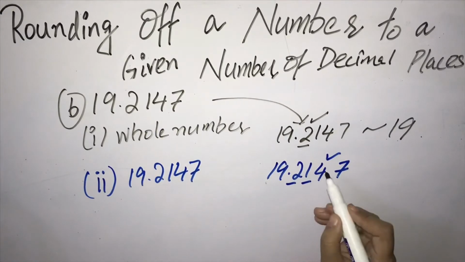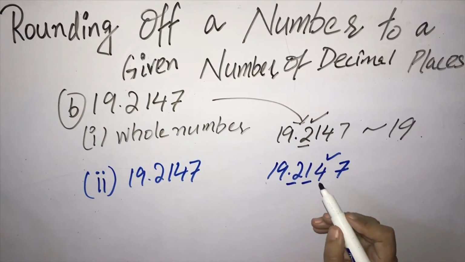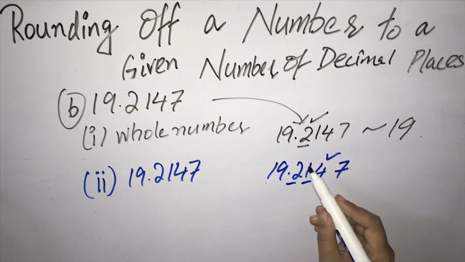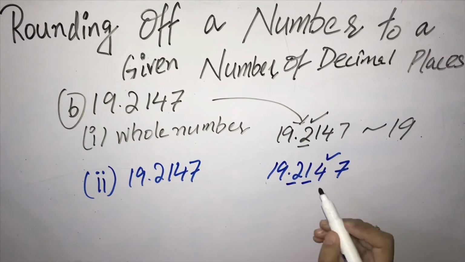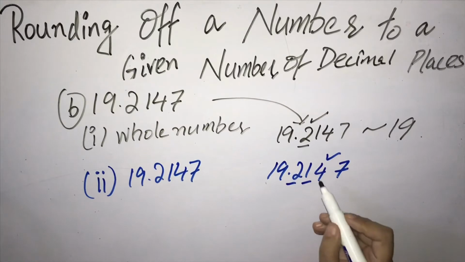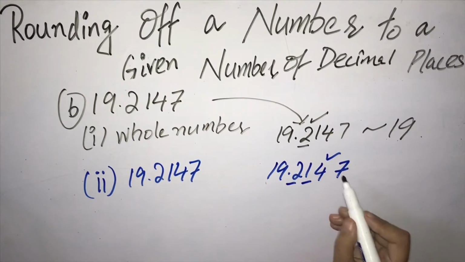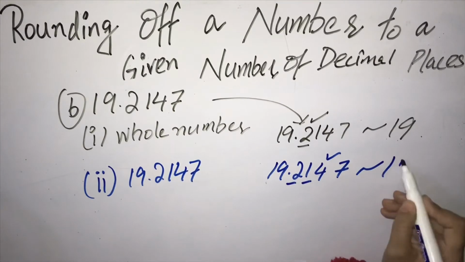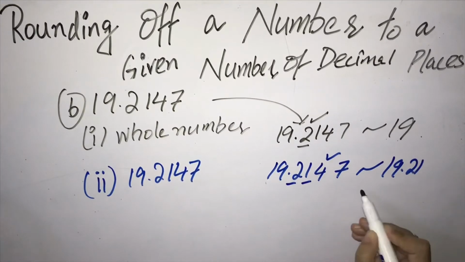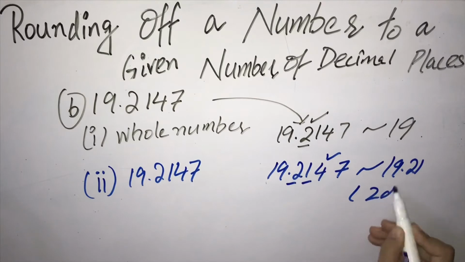If the third one is equal to 5 or more than 5, it will give 1 to the previous. But as right now it is less than 5, I shall drop it, and along with this I shall drop it, and my final answer will be 19.21, which is 2 dp.